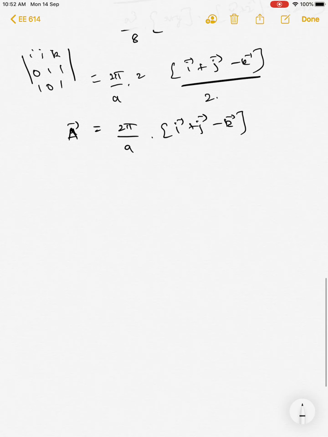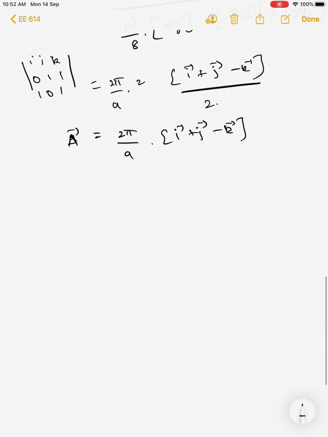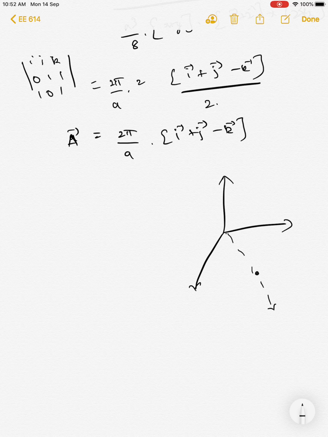Reciprocal lattice vectors. So you can see that, let us take the reciprocal lattice space. A vector is x, y and z minus 1, right? This looks as if it's a BCC, right, with a body center at the bottom.